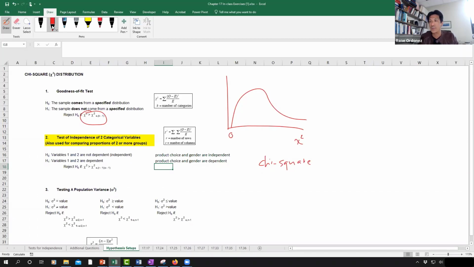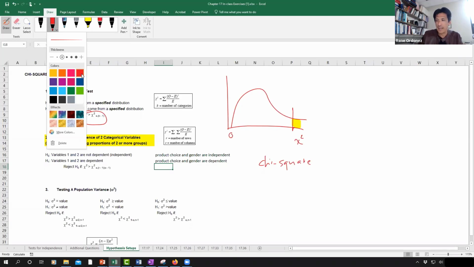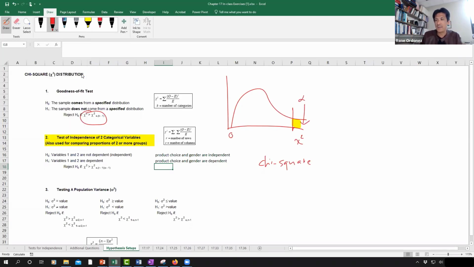And again, as we learned in the previous chapters, the critical statistic marks the boundary between 2 regions, the fail to reject H0 region and the reject H0 region, and it is based on the significance level, or alpha. Okay, so that's alpha. We can also use the p-value to reject the null hypothesis.